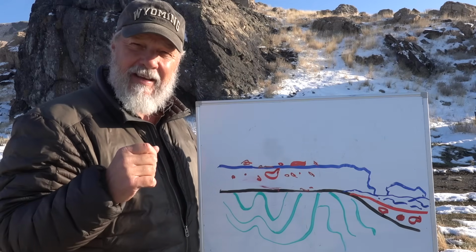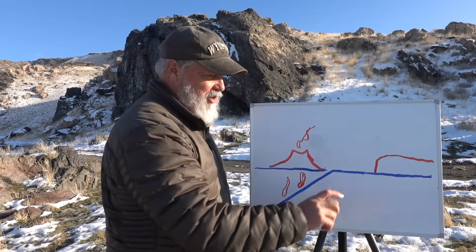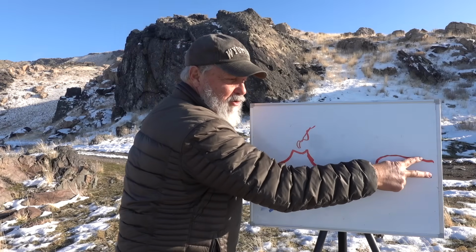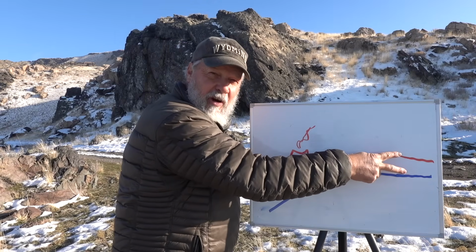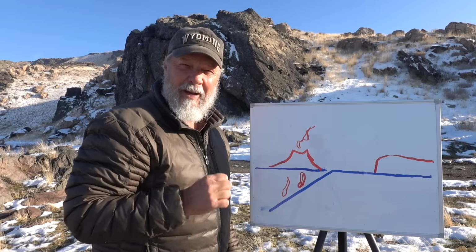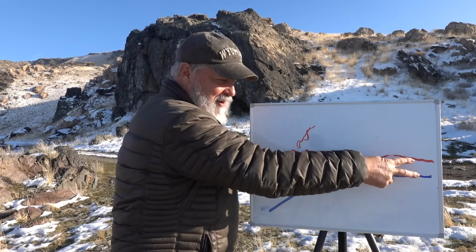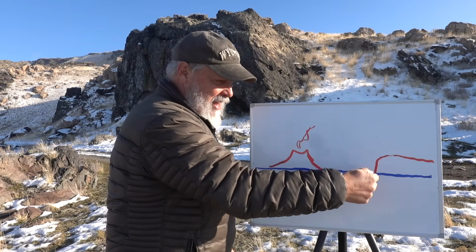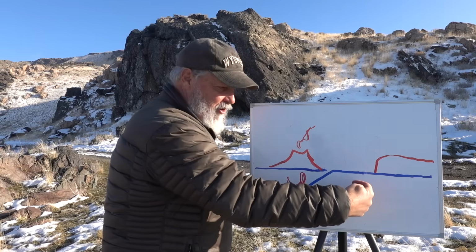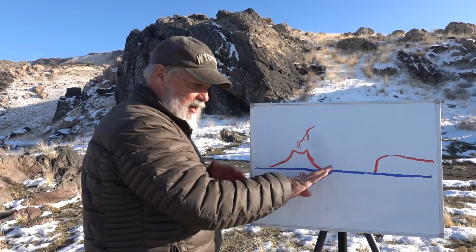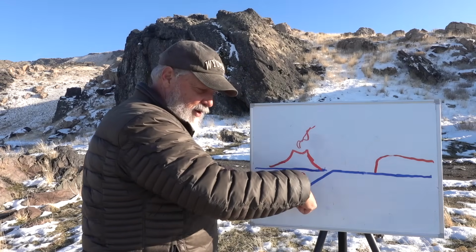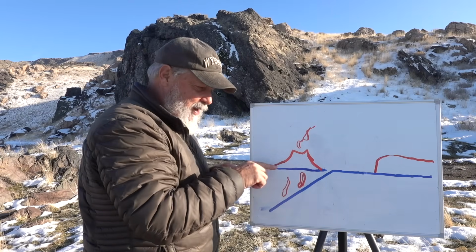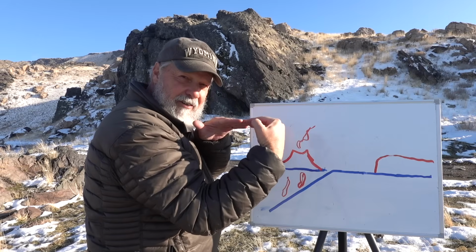How does that happen? Okay, so I have my sketch here. This piece here represents continental crust, the real old stuff, Wyoming. Good old Wyoming, right? 2.7 billion years old. And this represents oceanic crust that has plunged in a subduction, has plunged down underneath another piece. So they come together, right?